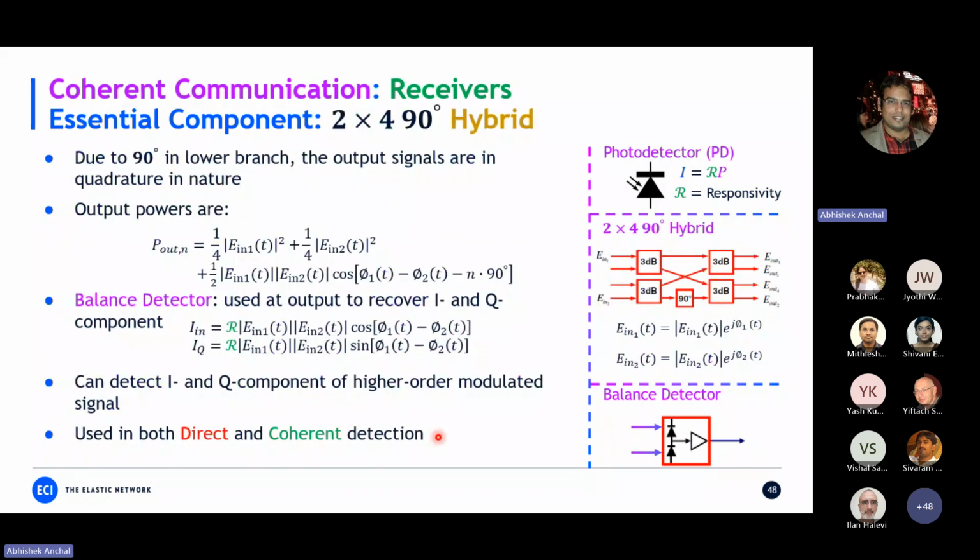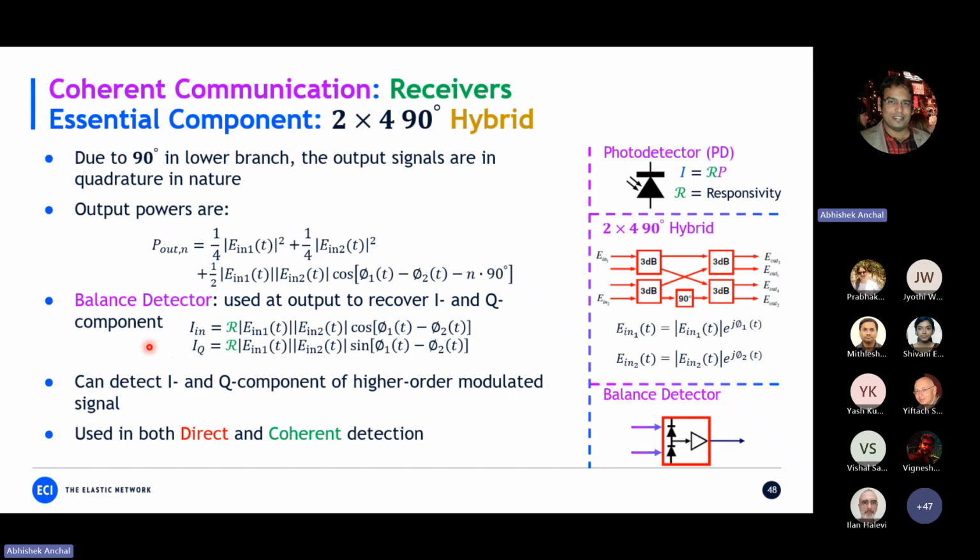The next component I'm going to discuss is the 2 by 4 90-degree hybrid. What it does is very similar to the delay line, but it doesn't use a delay. Instead, it uses a 90-degree phase. We provide the two inputs here, and the output we get is four. If you do a little bit of mathematics, you can find out that at the output, if you put a balanced detector, the two output currents are in-phase and quadrature-phase to each other. What does it mean?